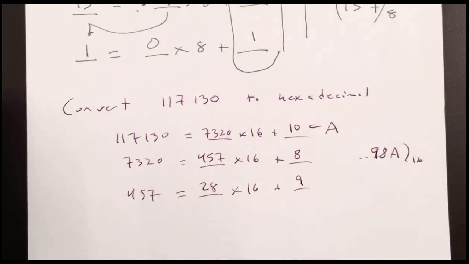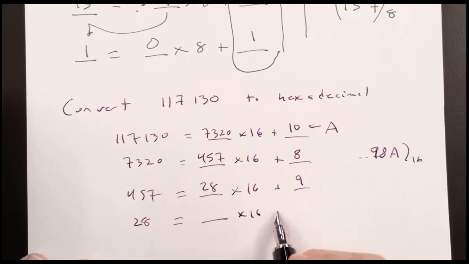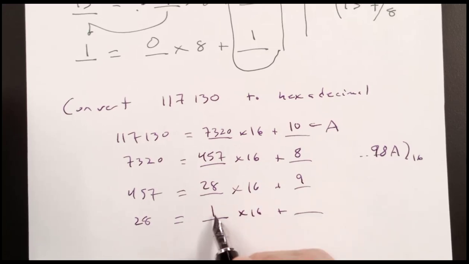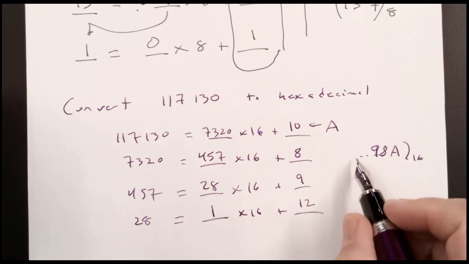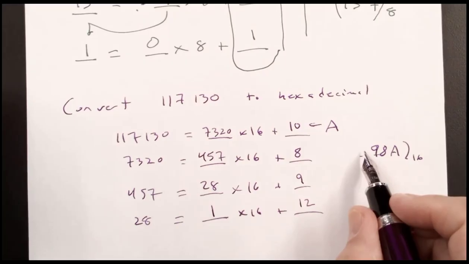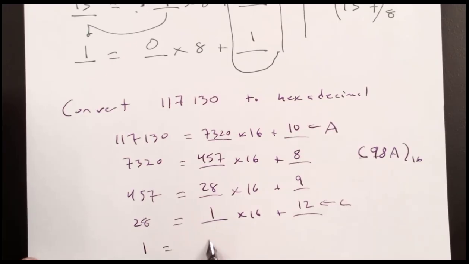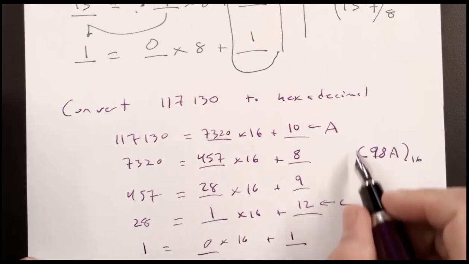There's my third from the right digit. 28 is so many 16s with something left over. Oh, 28 is 16 and 12. That's 1 16 with 12 left over. So what goes here? C. And then 1 is no 16s with 1 left over.